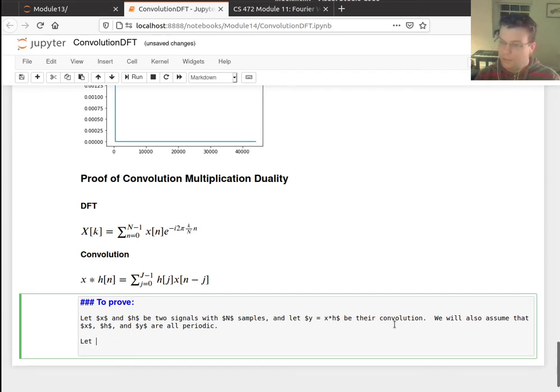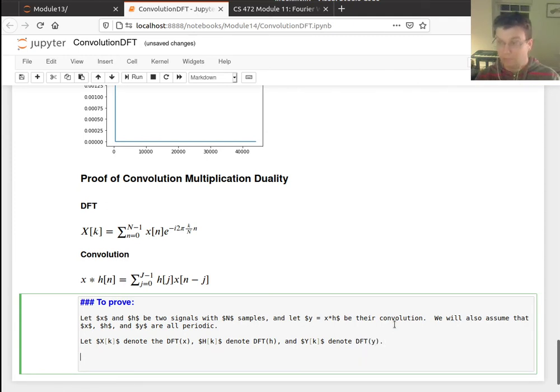Let's also let X of k denote the DFT of x. We'll let capital H of k denote the DFT of h, and capital Y of k denote the DFT of y. Then what we want to prove is the following.